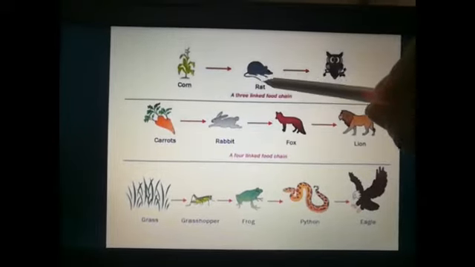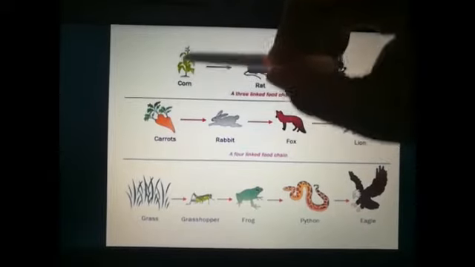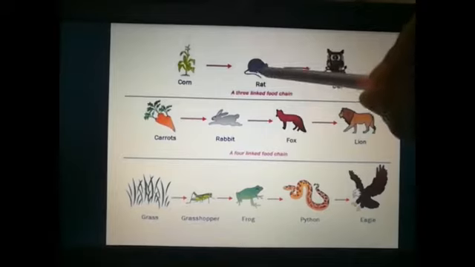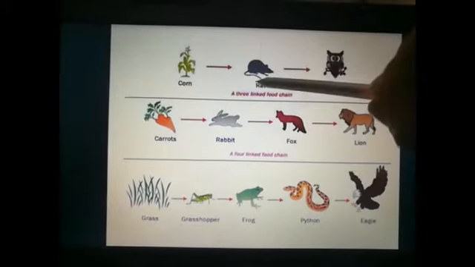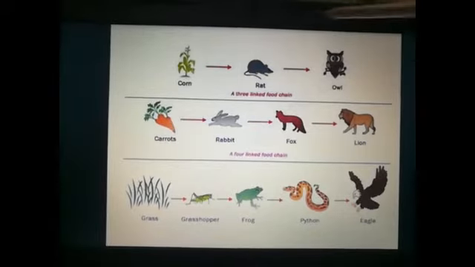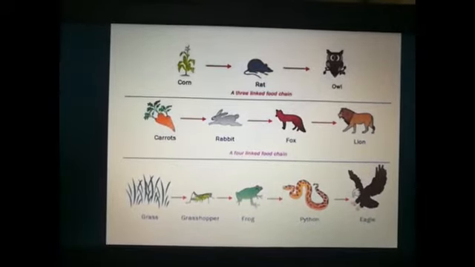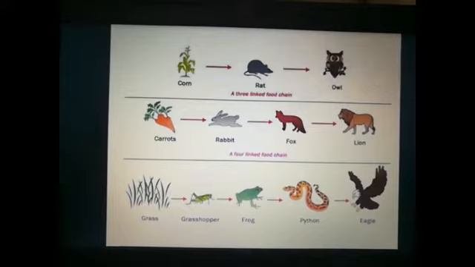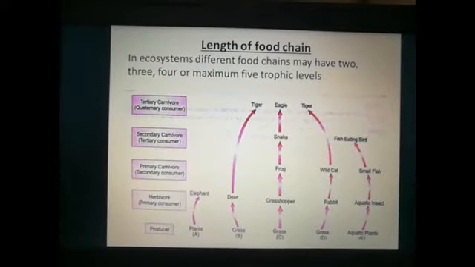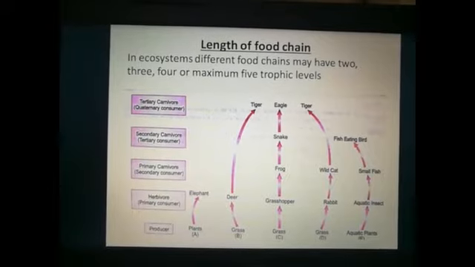So when a rat consumes a corn plant, there's a flow of energy from the plant to the rat. When the rat is consumed by an owl, there's a flow of energy from the rat to the owl. So the interaction results in the flow of energy from one component to the next. As I said, the length of the food chain will be different.